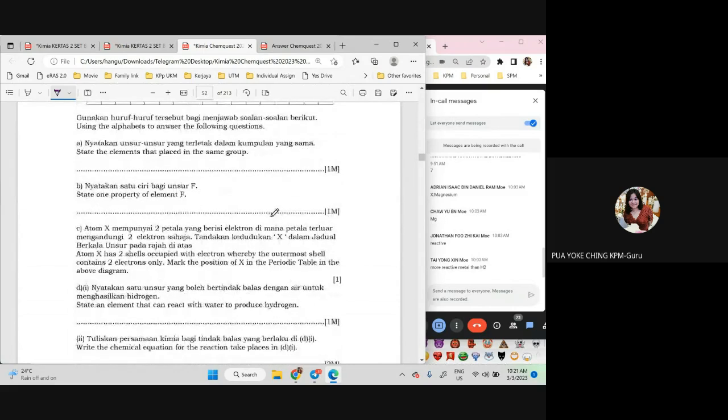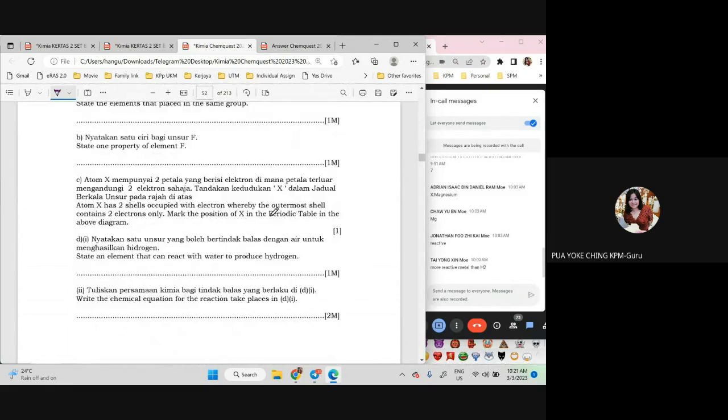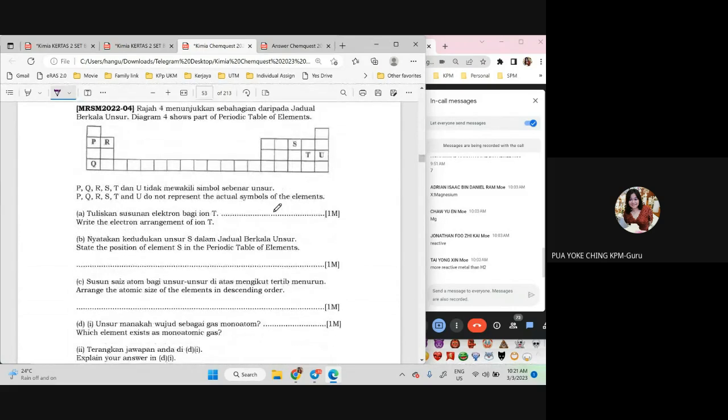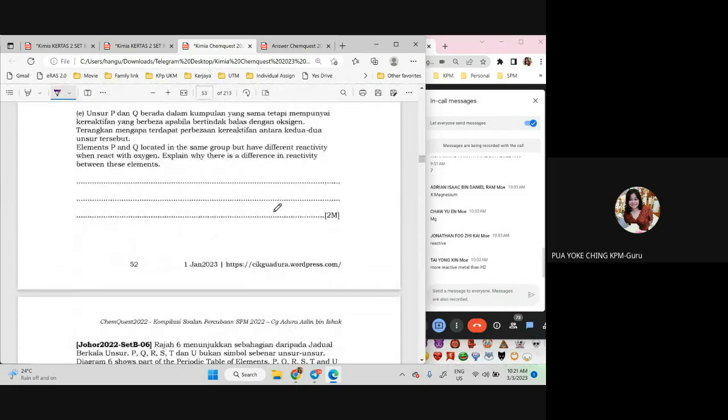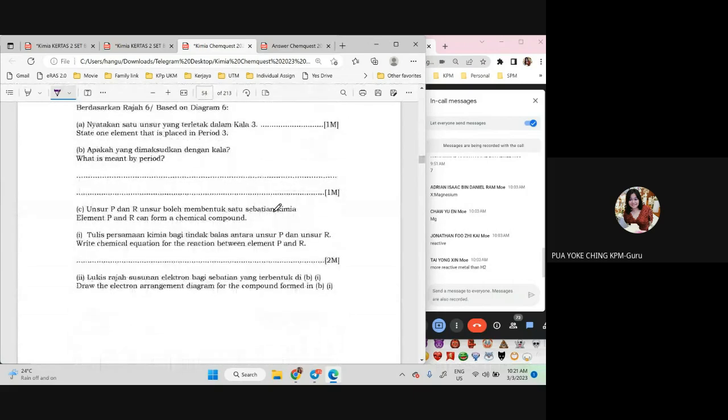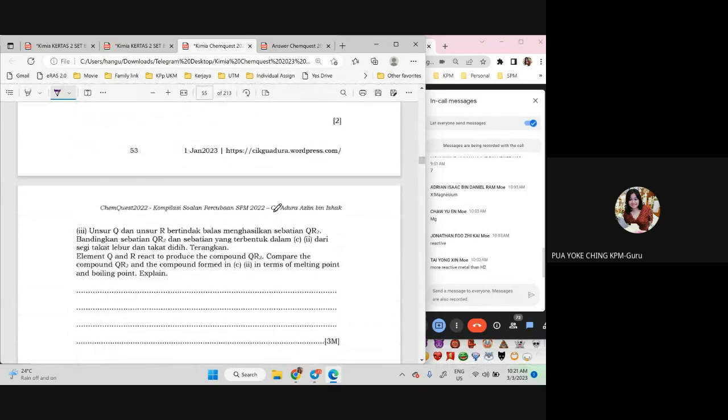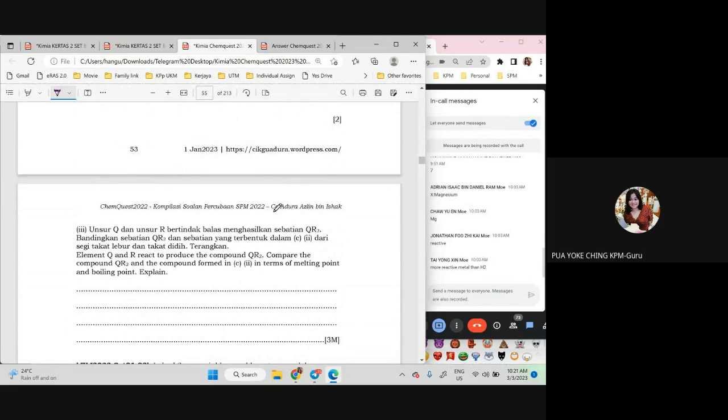Okay, ada soalan tentang bab 4? Perlu saya buat reactivity? Do we need to discuss the sample answer of the reactivities?